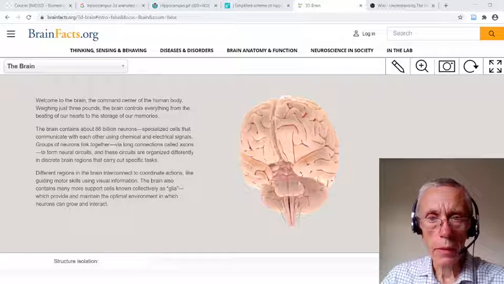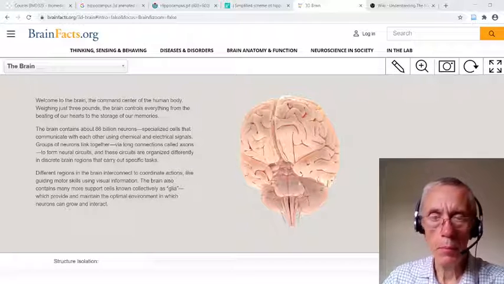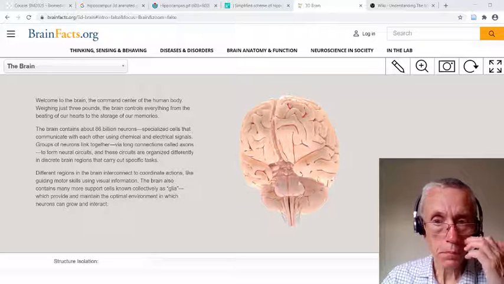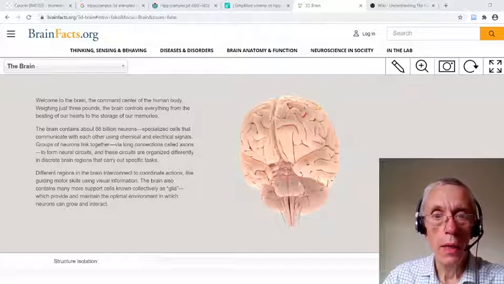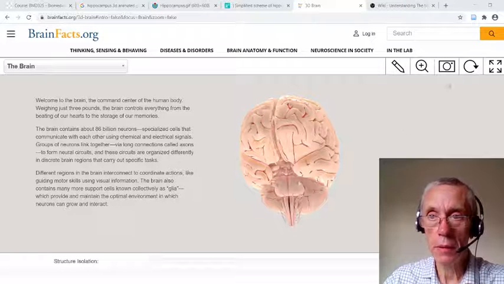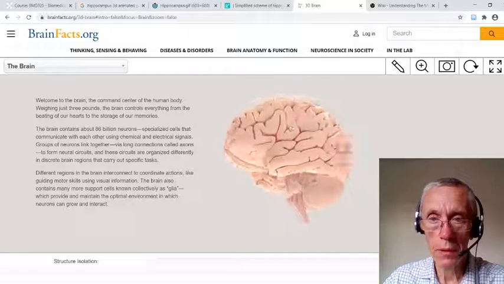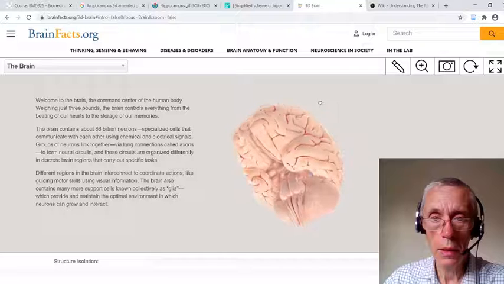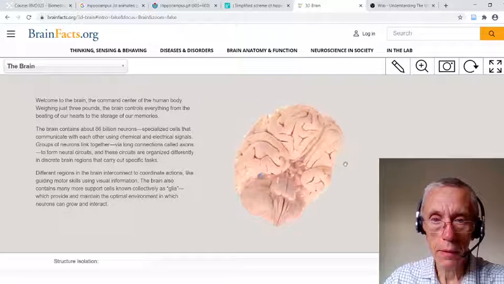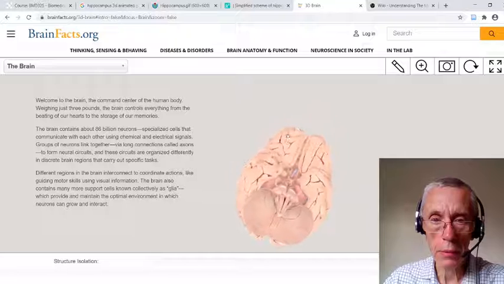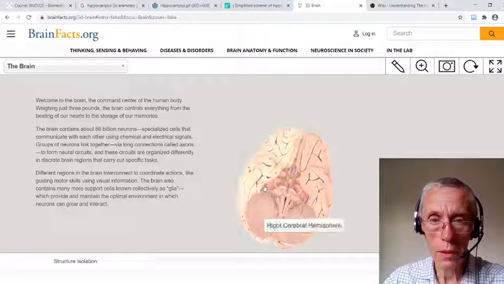So we can have a look at this amazing 3D model, which you can find if you go on the web to brainfacts.org. So here's our brain, which we can move around. You can see these cerebral cortices. And if we look up underneath, I want you to imagine in the temporal lobe here, where it starts to tuck in underneath the brain.